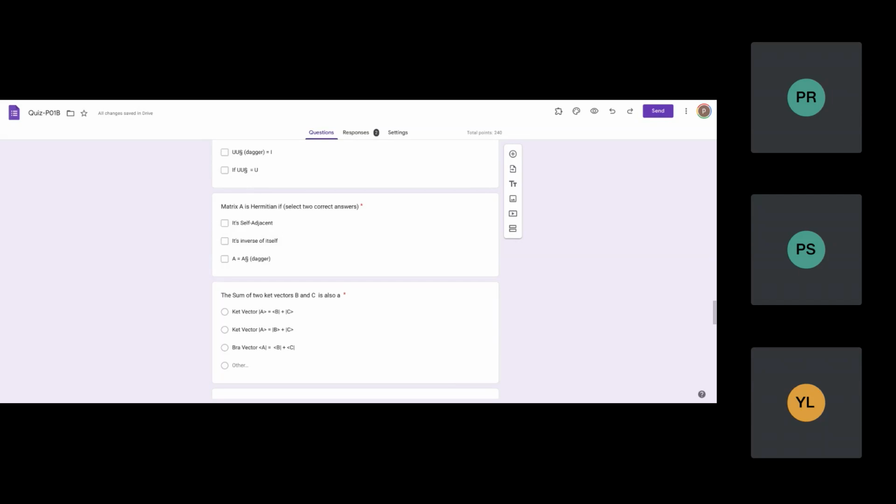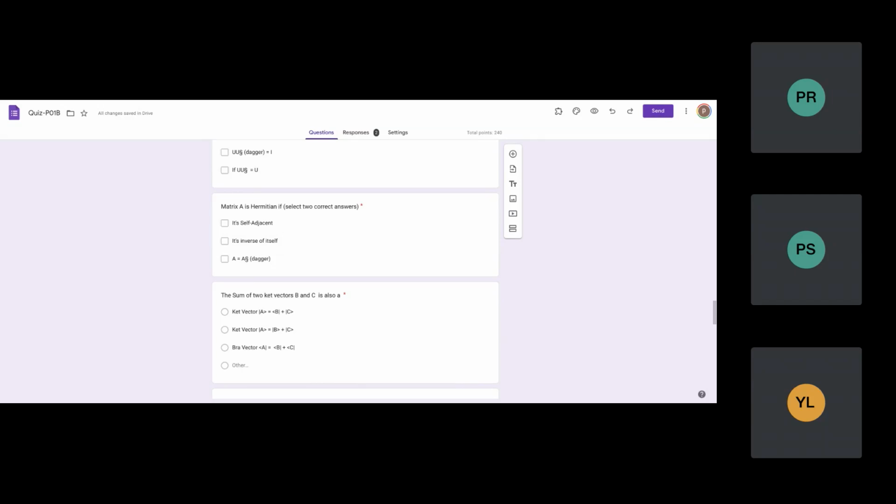If the matrix itself is self-adjoint, that means its complex conjugate transpose is the same as the matrix. That's not the same as inverse, okay? Inverse is if you have a matrix, 1 upon that matrix is equal to the inverse. Or U dagger U equal to I, where I is the identity matrix.